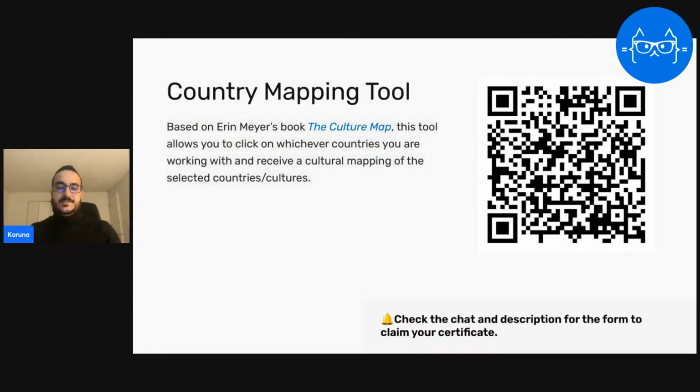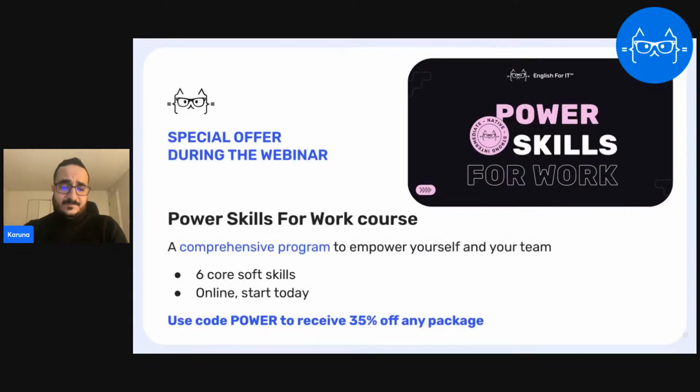Again, keep in mind these are generalizations, right? But generalizations based in reality to a certain extent. So feel free to use that tool. Very useful one. I'm going to leave it up a couple of seconds here so that you guys get a chance to scan the QR code.